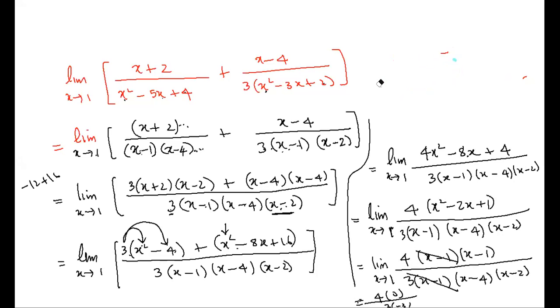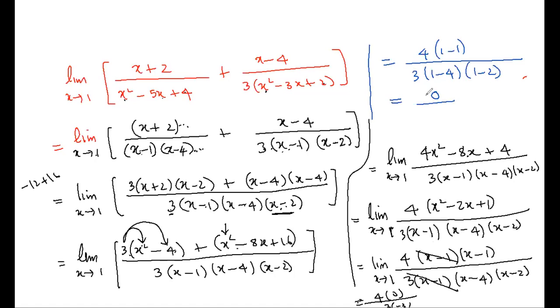I'm writing the remaining answer over here, continuation of this. 4 into 1 minus 1 divided by 3 into 1 minus 4 into 1 minus 2. Only numerator becomes 0. Denominator doesn't become 0. Hence answer is 0. So limit of this function is 0.